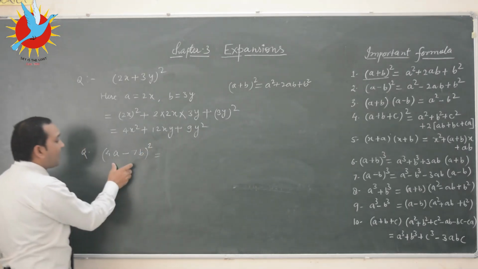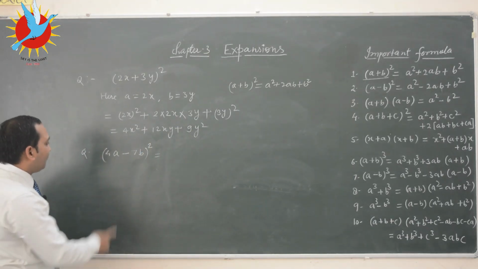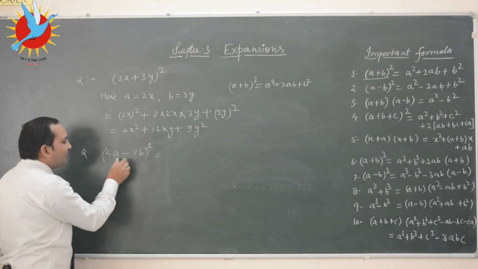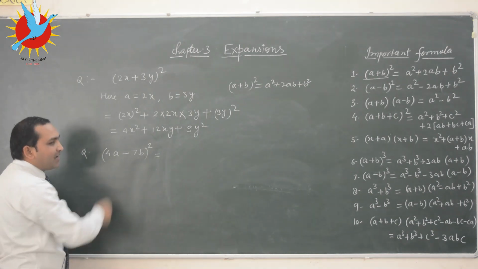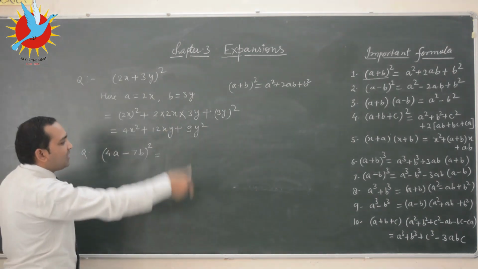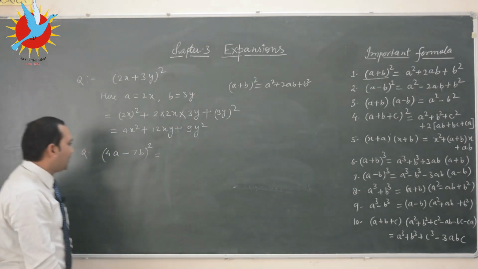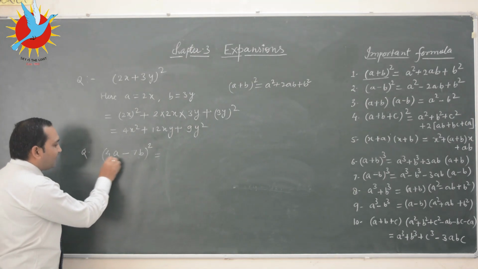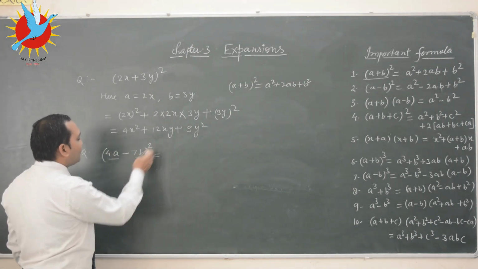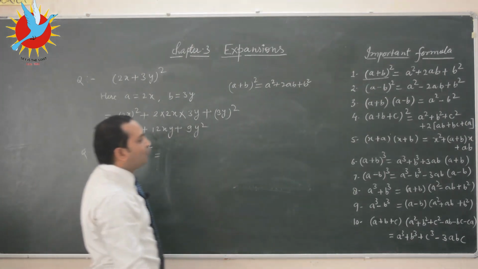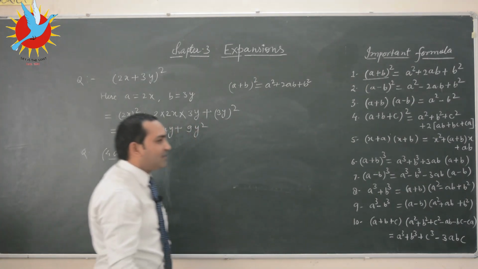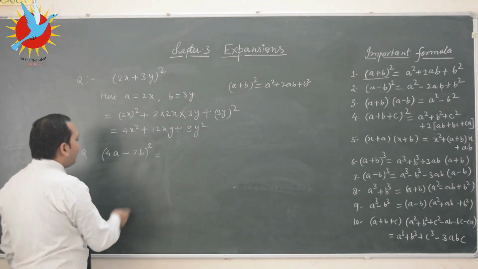When you see the question, you decide which identity among these algebraic identities to use. So this is first term minus second term whole square. It means we use the A minus B whole square formula.